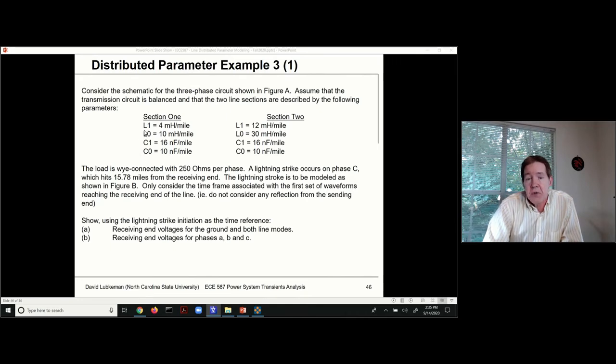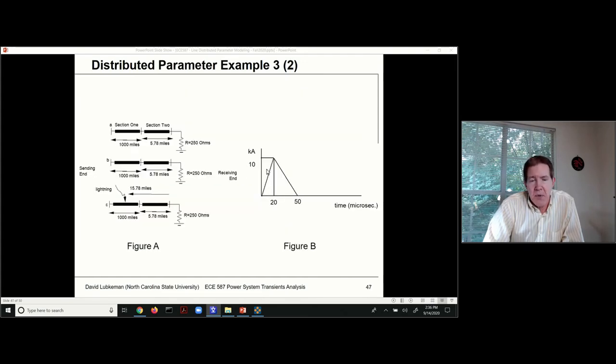For each section, you can use 1 over the square root of LC to get the velocity of propagation, and the square root of L over C to get the surge impedance. You'll have a different surge impedance for the ground mode than for the line modes. Anyway, we want to set this up using PSCAD.